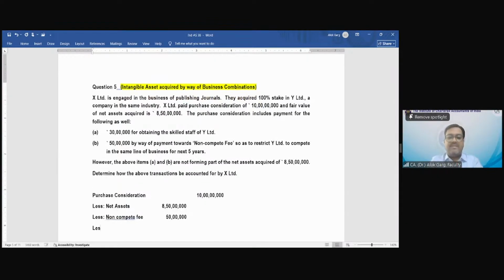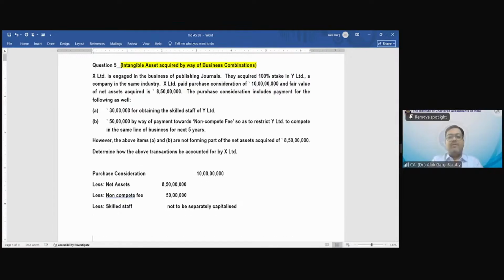What is the value of skilled staff? Not applicable here. Not to be separately capitalized. Okay.